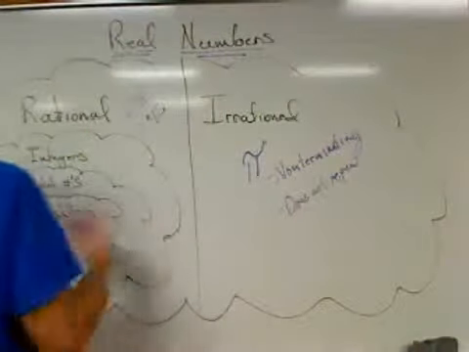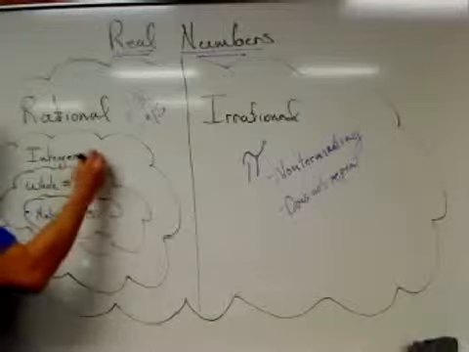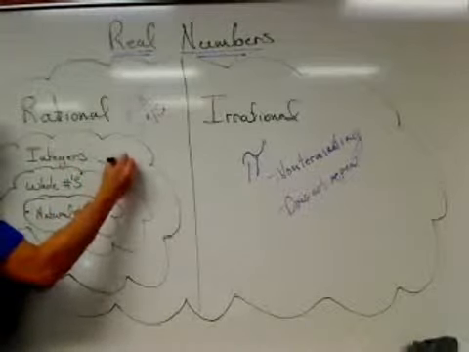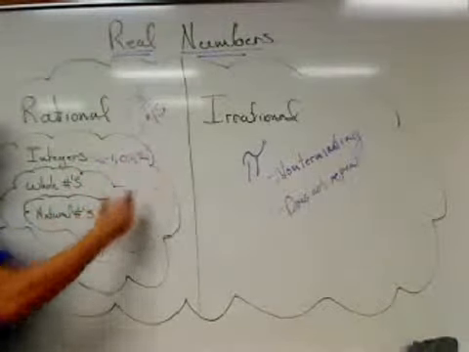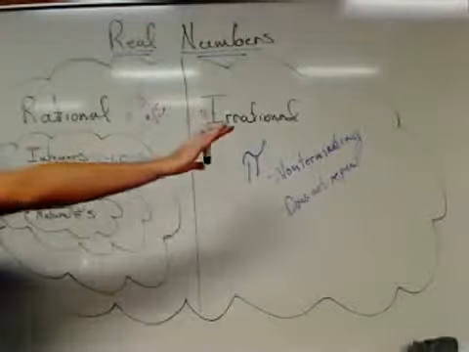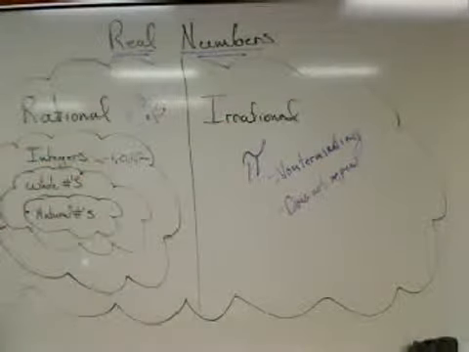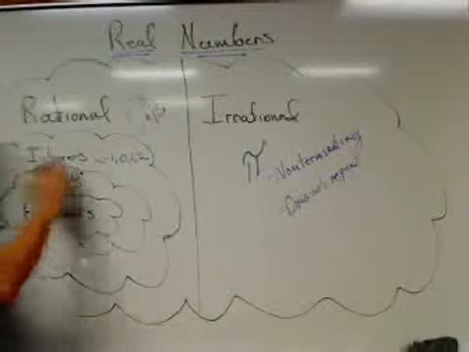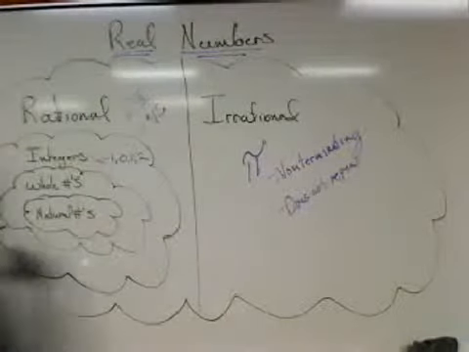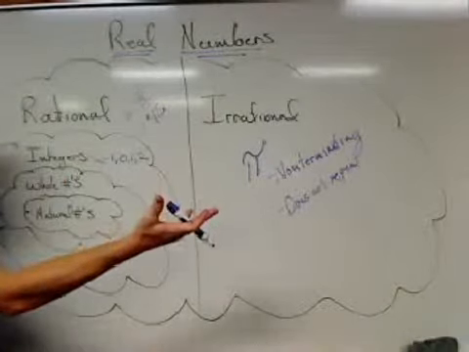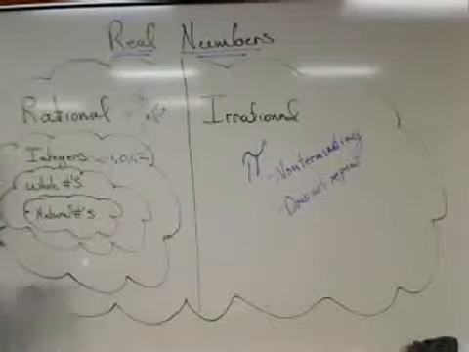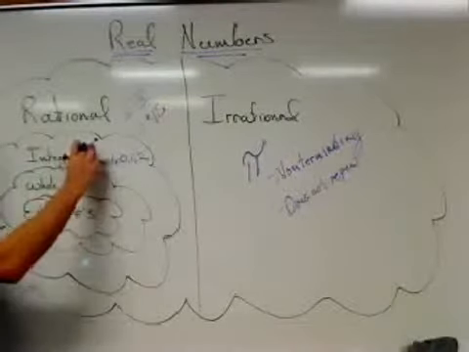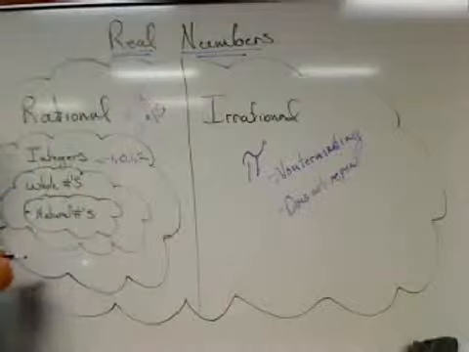An example of an integer would be -2, -1, 0, and then all the positive numbers to infinity, all the negative numbers to negative infinity. Integers are not decimals. They are basically 0, positive numbers, and all their negatives. So once again, integers would be a subset of real numbers and rational numbers.